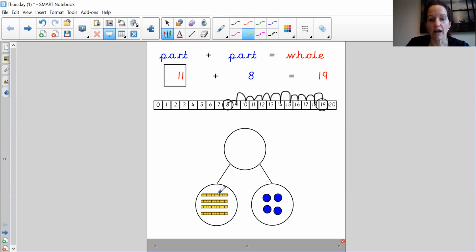So I have 4 tens. I'm going to write my 4. And then how many 1s do I have? 1, 2, 3, 4. So in total, I have 44. Well done if you got those. Fantastic.